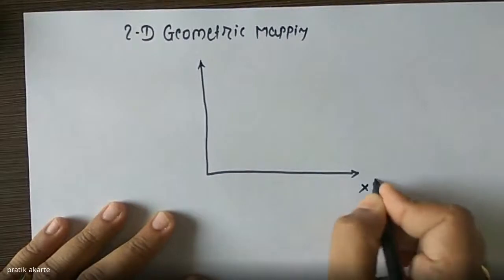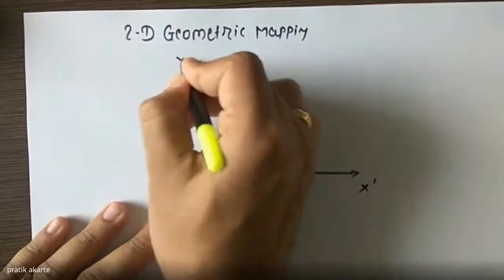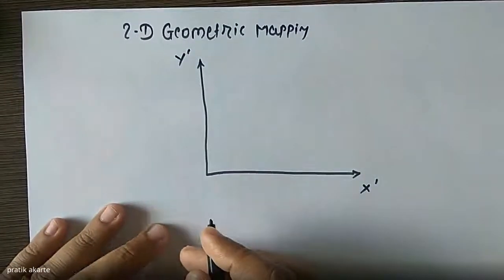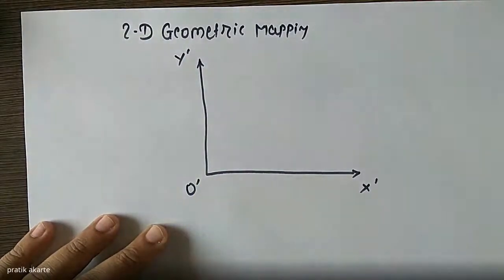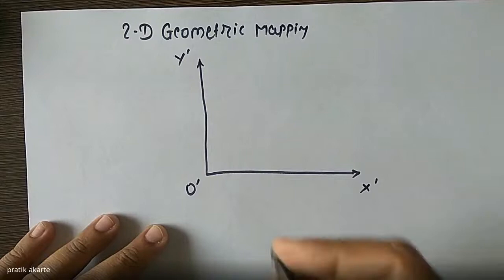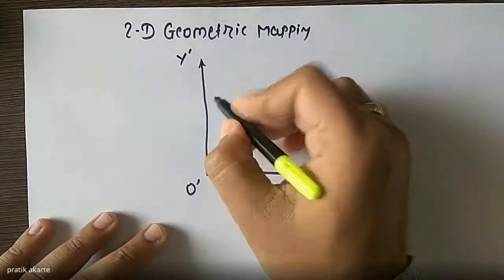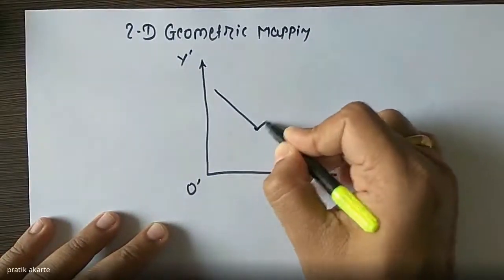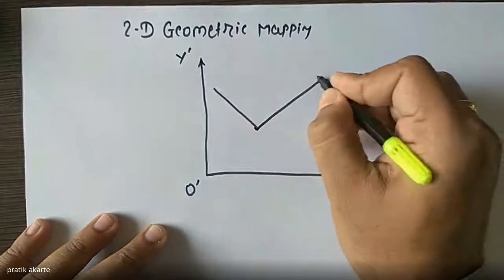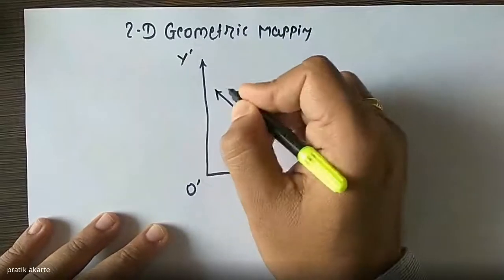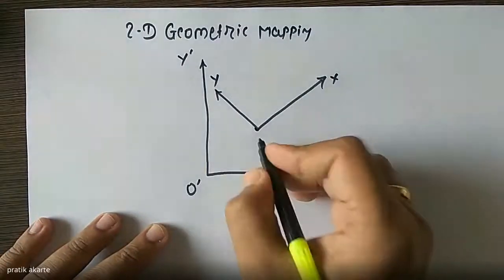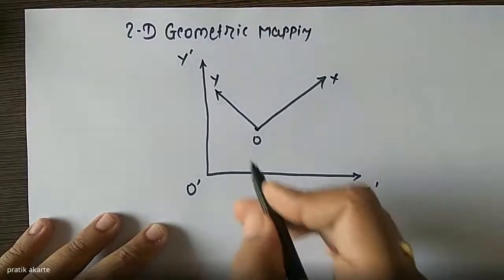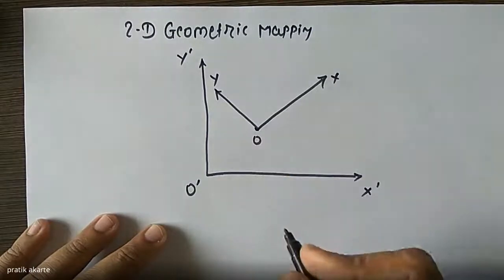This is x dash and y dash, which represent your model coordinate system. And another coordinate system is your user coordinate system or working coordinate system. Okay, so this is x, y, and origin.